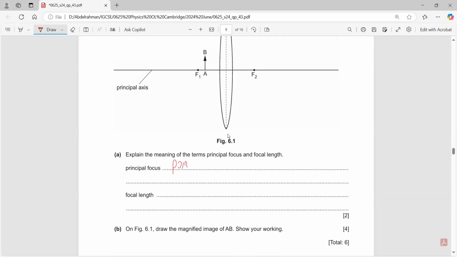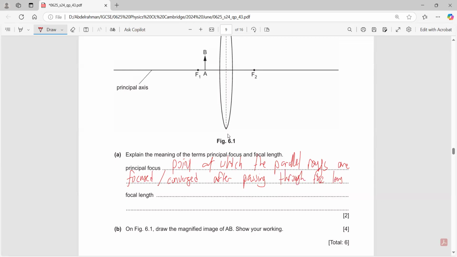The point at which the parallel rays are focused, or you can say converged, after passing through the lens.